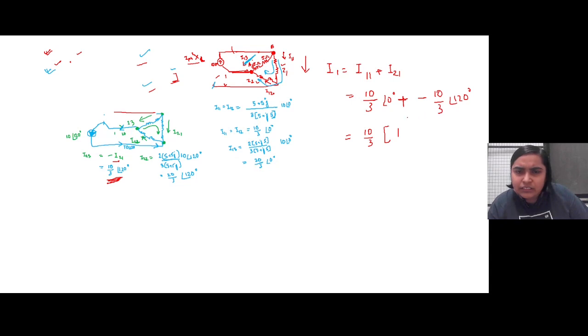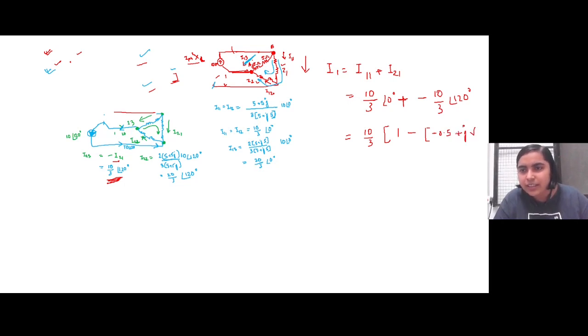So 1 minus cos 120, which is minus half, and minus j sine 120.